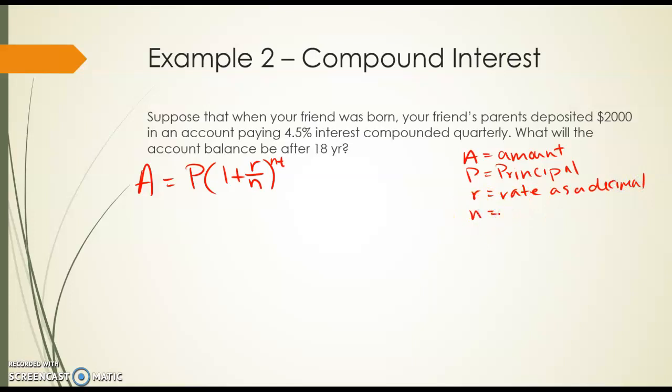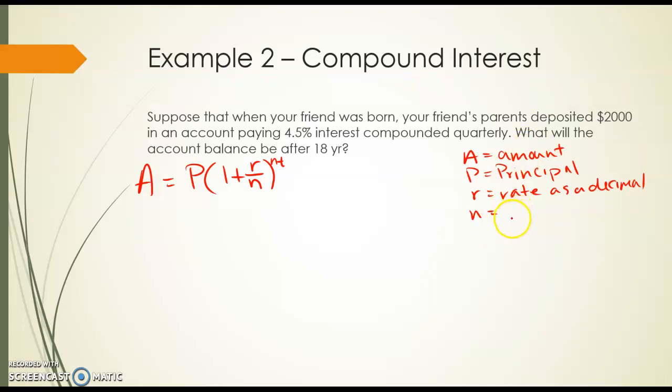N is the number of times it's compounded a year. So is it compounded quarterly, which means 4 times? Is it compounded annually, which is just once? Is it compounded biannually, meaning twice?